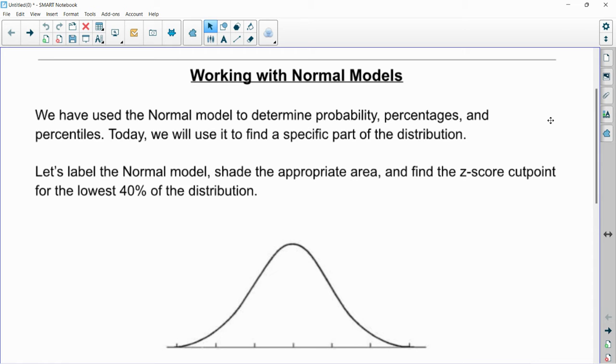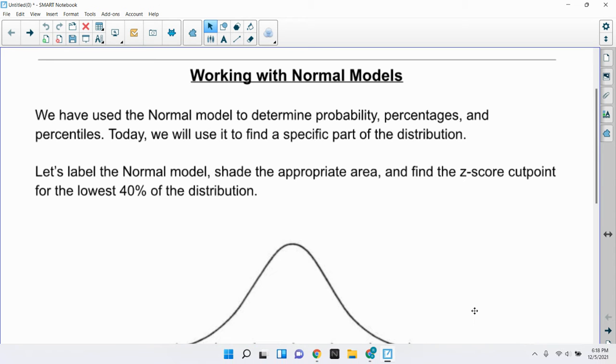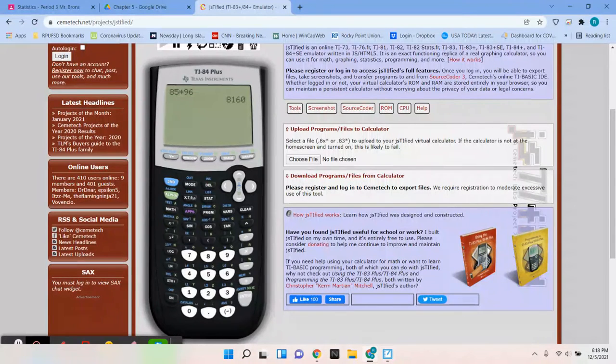So we're given all these different values to work with, and we used normal CDF in the calculator to work with that. What we're going to explore today is using the next function listed right underneath that in the calculator called inverse normal.